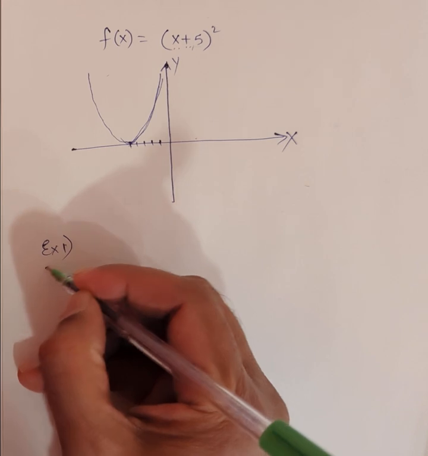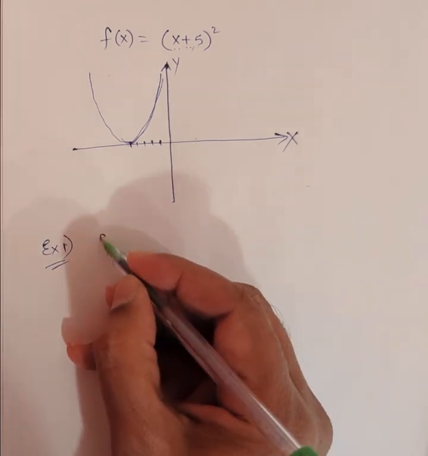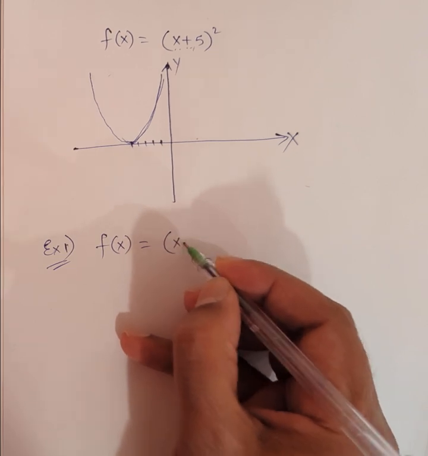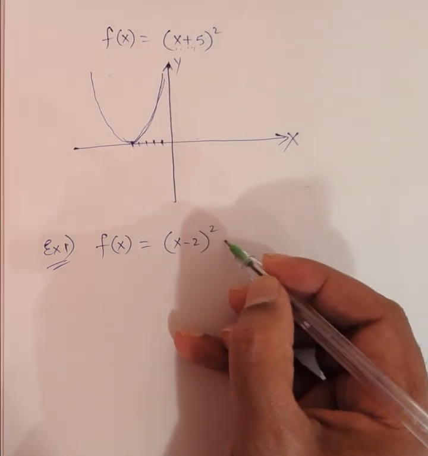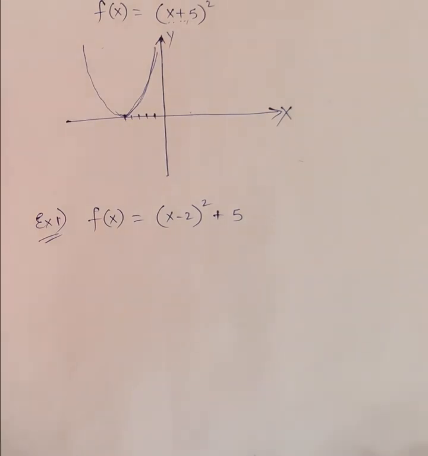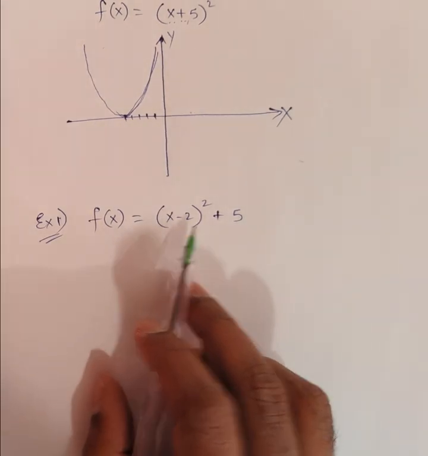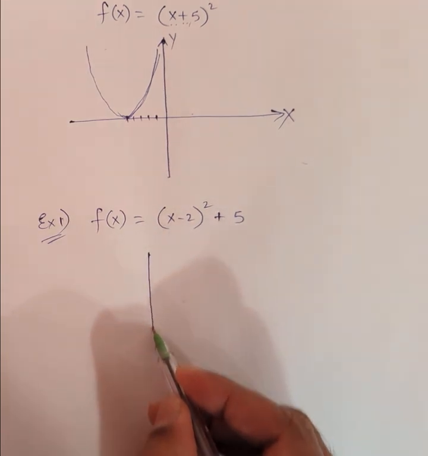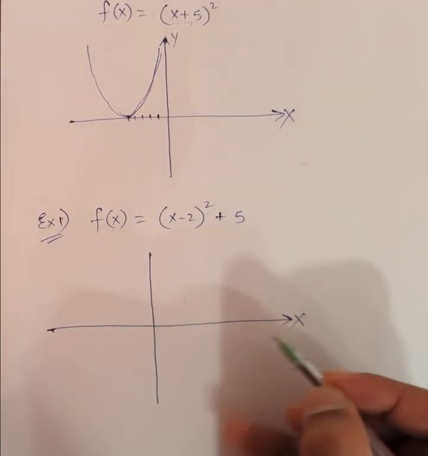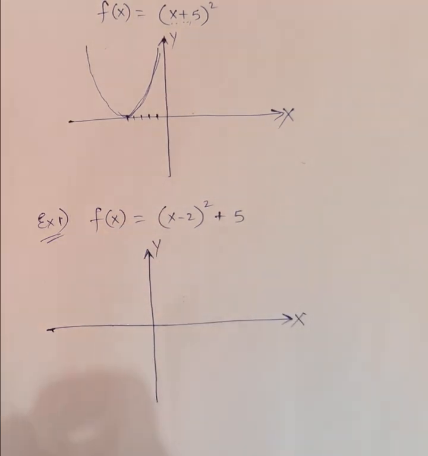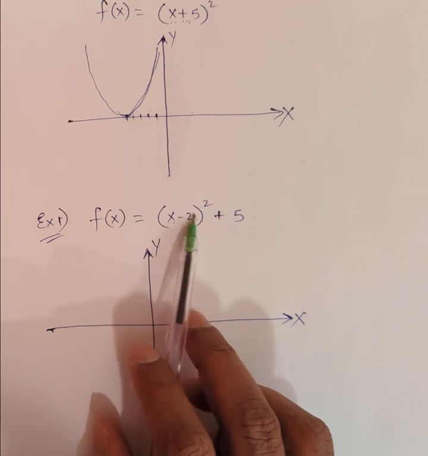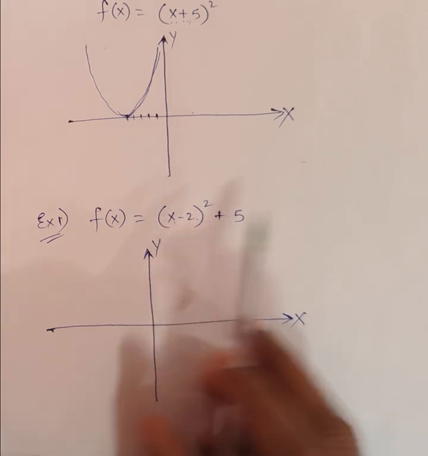So let's call it example 1 and write down this function: f of x equals (x minus 2) quantity squared plus 5. Now what do we notice? We notice that it's not x squared. We are first subtracting 2, and you're seeing x minus 2 in the parentheses.